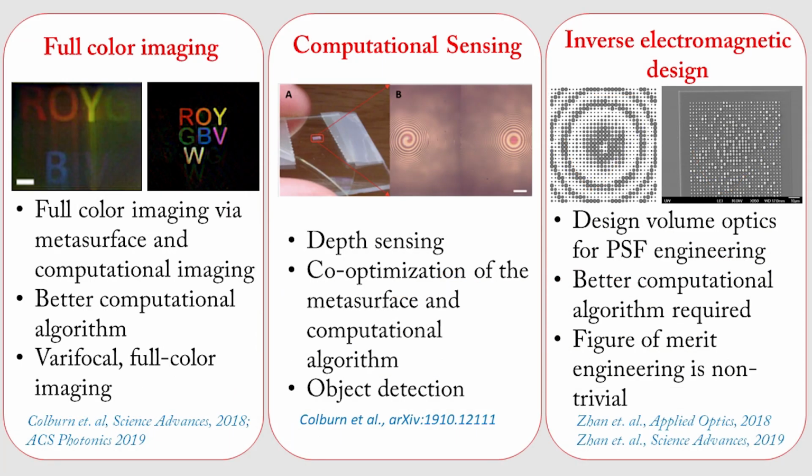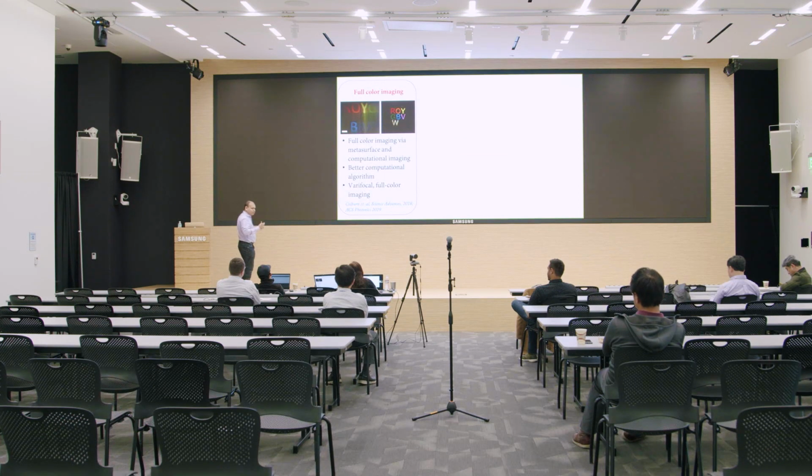Okay, so in summary, I told you about full color imaging. I think there is a way to solve this chromatic aberration problem in metasurfaces using computational imaging algorithms. There is, of course, room for better computational algorithms, but we can also use the same techniques to do zoom full color imaging. And we don't have any limitation on the aperture, or at least up to a few centimeters we don't envision any problem.